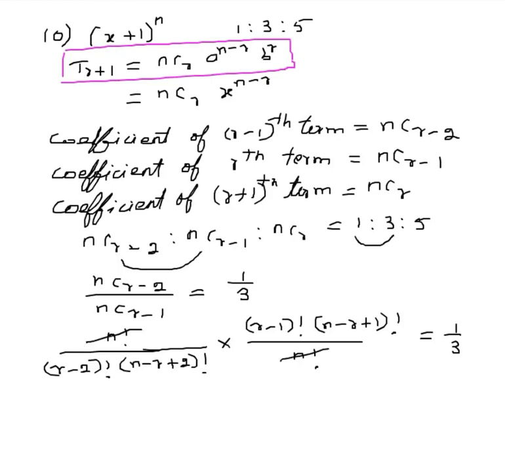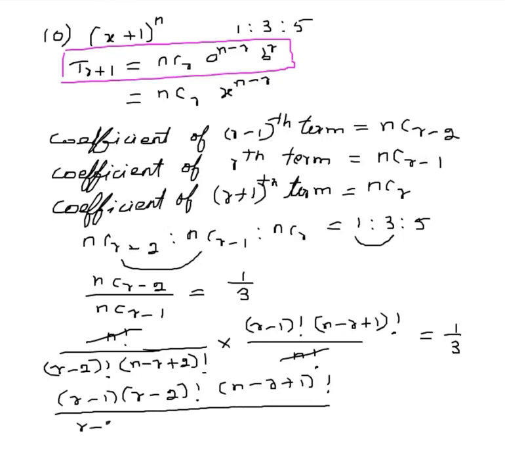Cancel n factorial. r minus 1 factorial can be written as r minus 1 times r minus 2 factorial. n minus r plus 2 factorial can be written as n minus r plus 2 times 1 lesser than this, which is n minus r plus 1 factorial, equals 1 by 3.